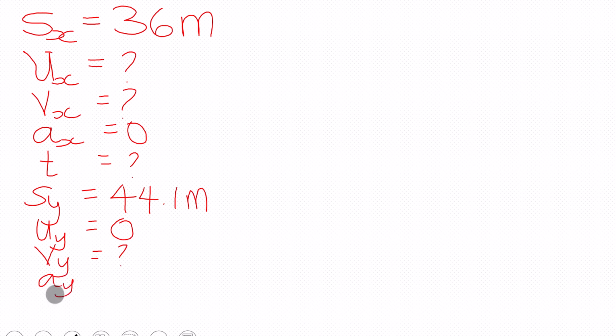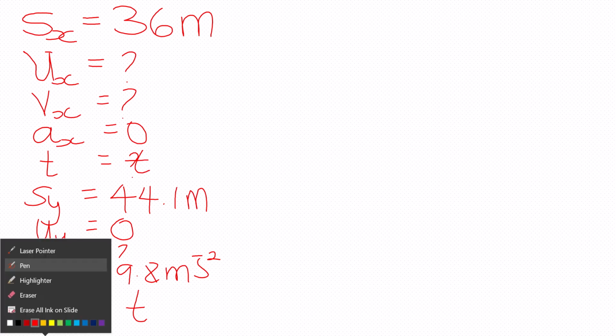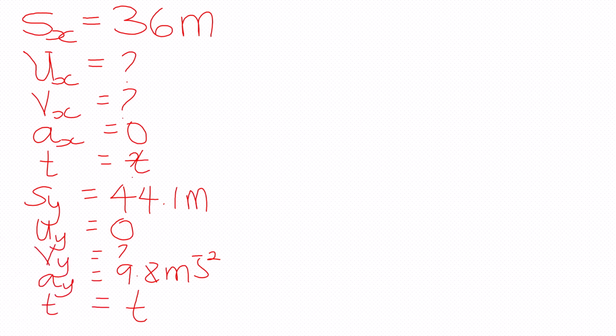Acceleration in the y will always be 9.8 meters per second squared if the particle is going down, and then time will be the same as time for x. So this time we can call it t. So we call our time t.